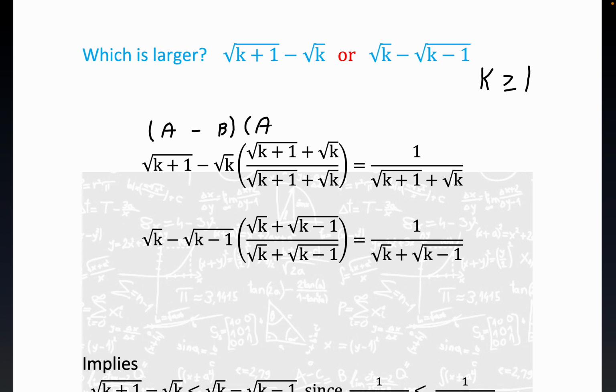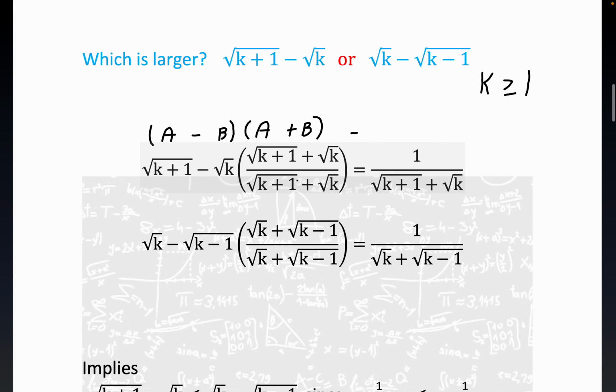And nice things happen, as you can see, because this is equal to a squared plus b squared, which is just the numerator over here. So this is equal to a squared minus b squared.